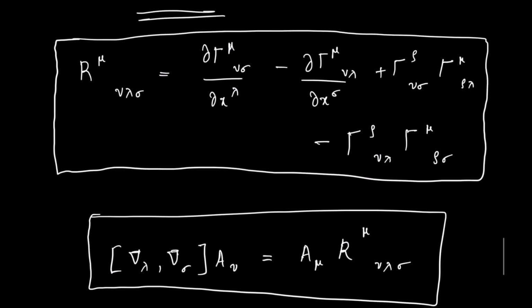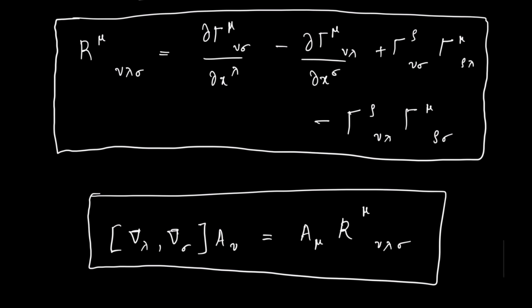Here R mu nu lambda sigma is the Riemann curvature tensor. The Riemann curvature tensor is a mathematical tool that is used to quantify the curvature of the Riemannian manifold. And R mu nu lambda sigma is a mixed tensor of rank 4.